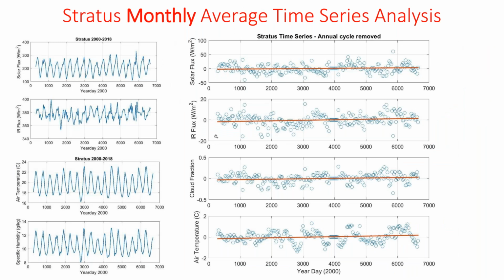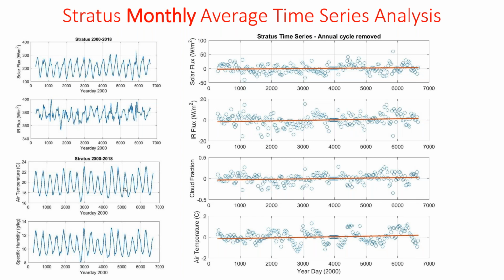So this is an example of evaluating the time series from the Stratus buoy. Here you see the solar and IR flux, the air temperature, and the specific humidity. They have nice long time series, about 18 years in this case, and there's a big annual cycle.